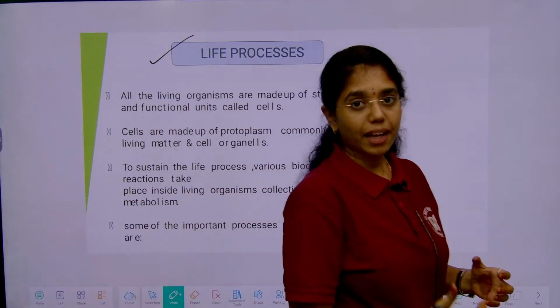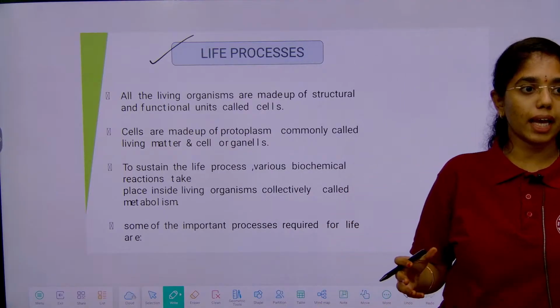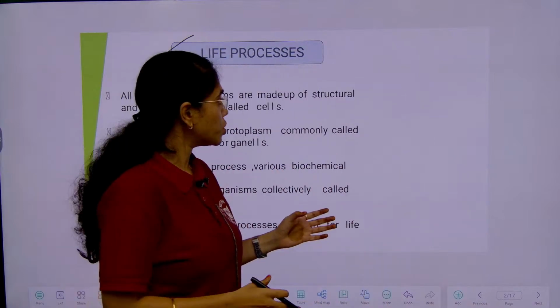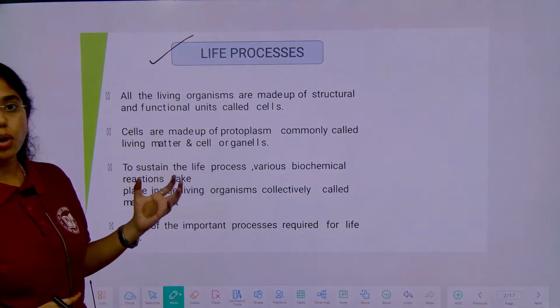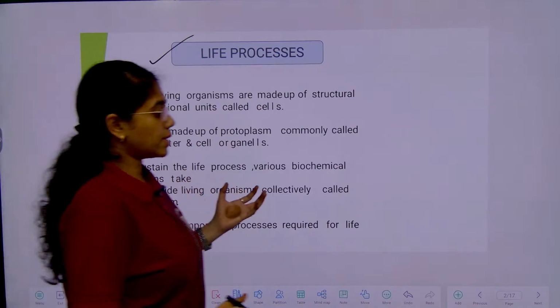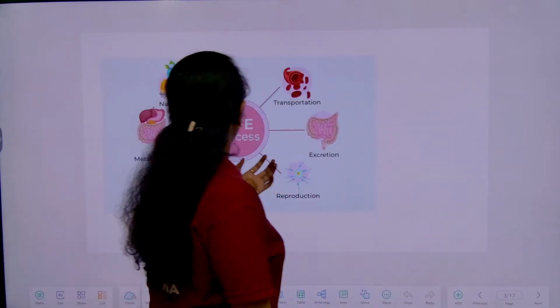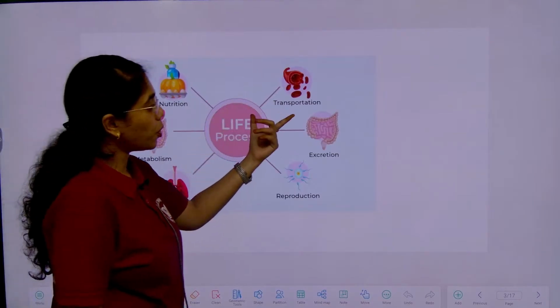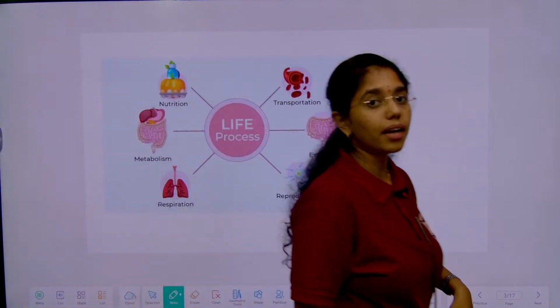For life to take place in all the living organisms, starting from unicellular to multicellular organisms, all the processes have to occur inside the body. For example, nutrition, metabolism, respiration, transportation, excretion and reproduction.